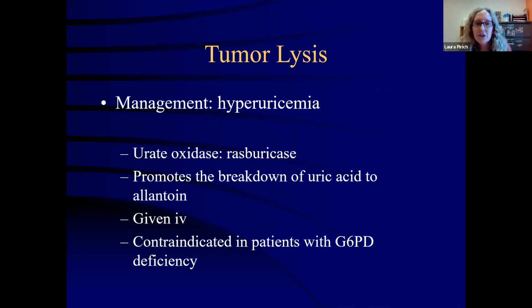So a patient who already has very high levels of uric acid to begin with would be the patient that we would consider using rasburicase so we could break it down. It's given IV, and it is contraindicated in patients with G6PD deficiency.